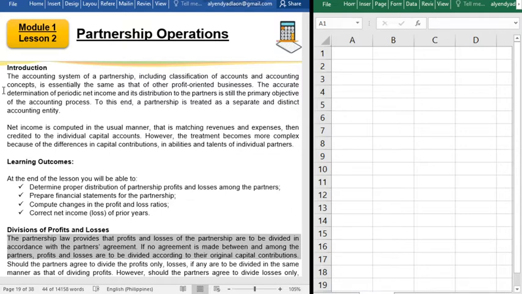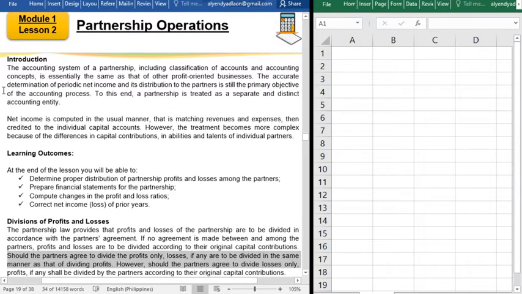Whatever the capital contributions were at the start of the partnership operations, from the very first day that they agreed to be partners and invested in the partnership, that will be the basis for the division of profits and losses.